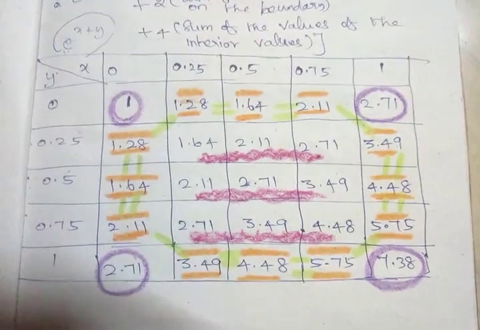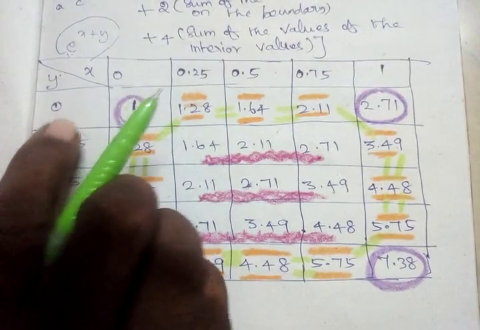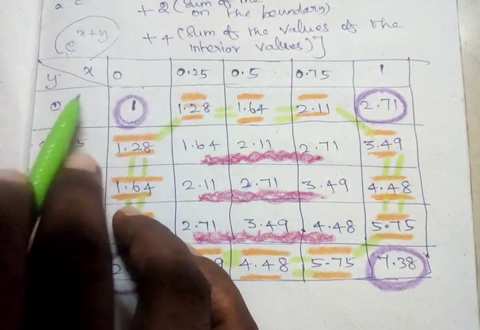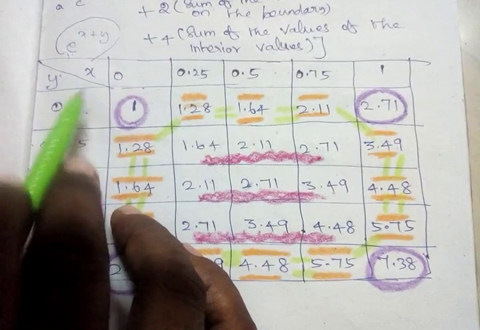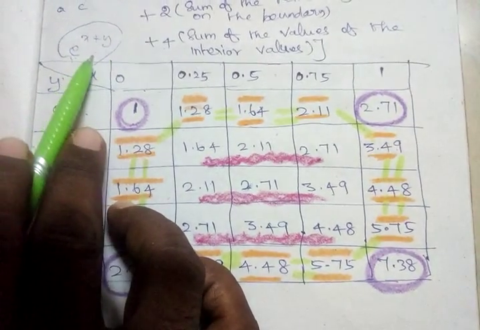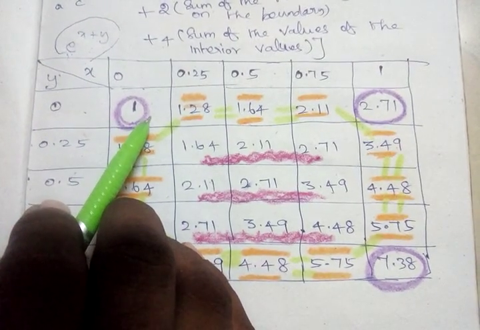Listen, row wise and column wise, let us select 0 and 0. For x I am going to take 0, for y I am going to take 0. Substitute x plus y, 0 plus 0. So we have e power 0, and e power 0 is 1. So this is the answer.